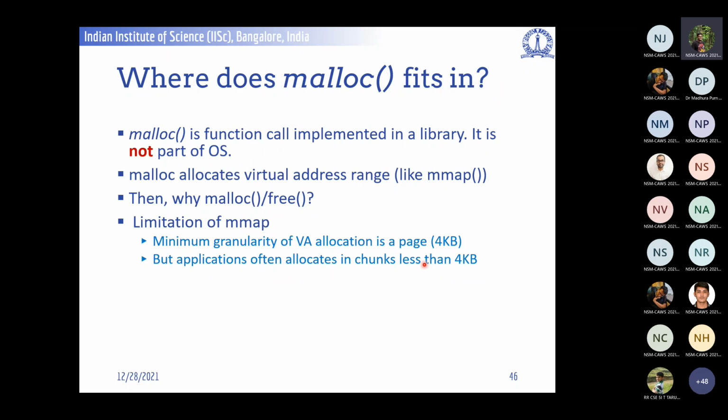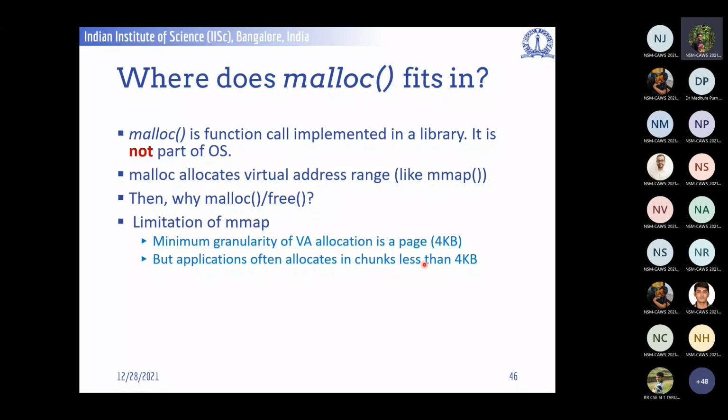So what malloc does is that in its backend, it actually talks to the operating system using system calls like mmap and sbrk. Say you try to malloc 128 bytes, and the malloc library can go and do an mmap, get a 4 kilobyte portion of virtual address space. Out of that, it will return you 128 bytes.